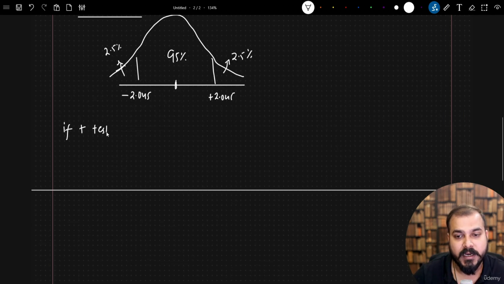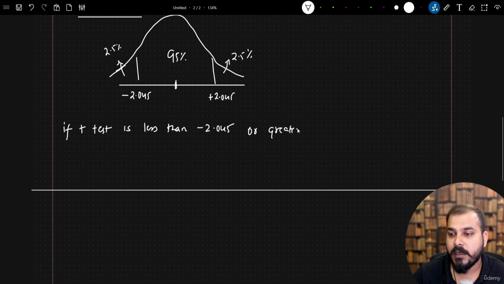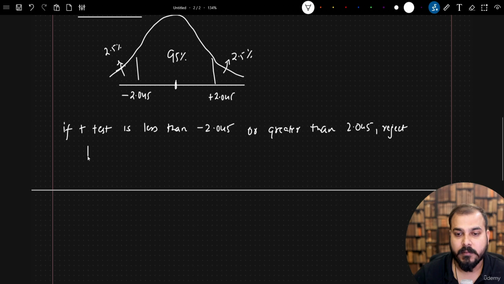So if my t-test is less than minus 2.045, that is in this region, or greater than 2.045, that is this region, right? Then what do we do? We reject the null hypothesis.